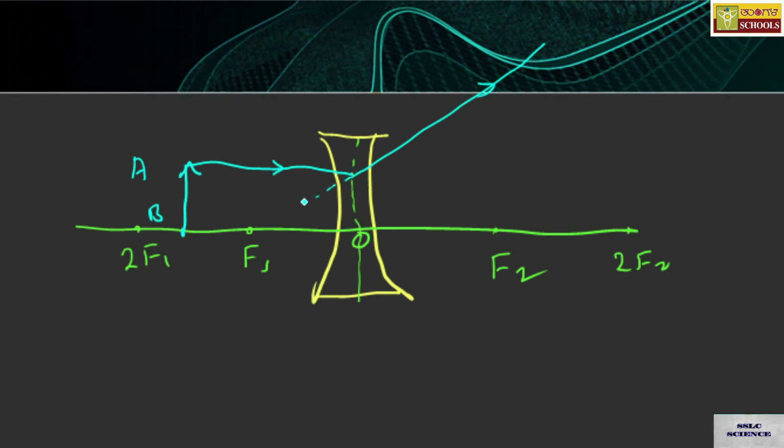Once you drag back, it will be coming from that point, and on the other hand you have the ray which is passing through O, which will go undeviated. So this is the portion where you are getting the image A dash, B dash. So the nature is smaller or diminished, virtual and erect.